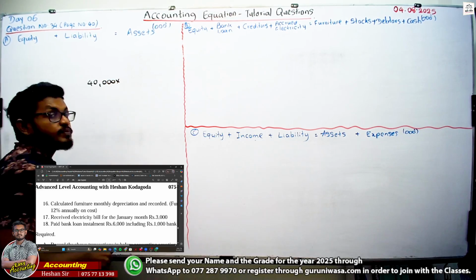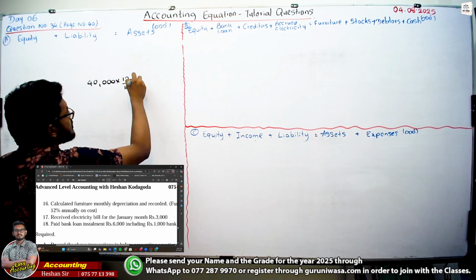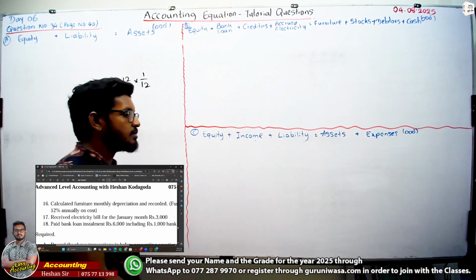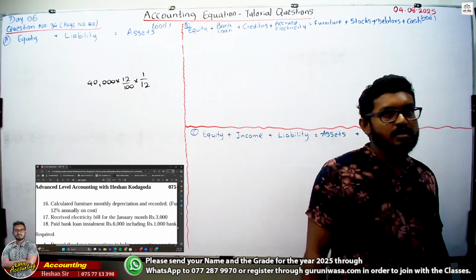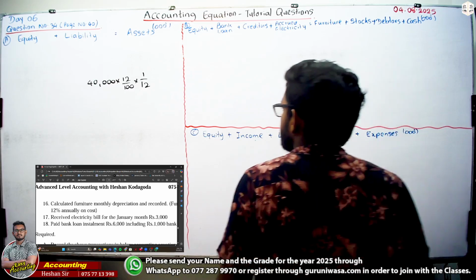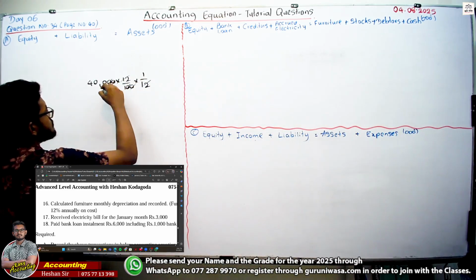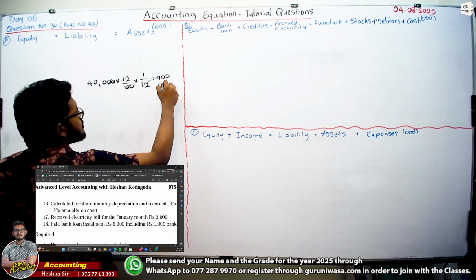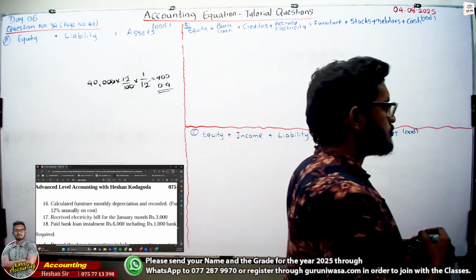40,000 into 12 upon 100, which means this is the annual, but since we record for 1 month, January, again we need to divide it by 12 to find the January month. Clear to you guys? Right? So can you check and tell me how much? It's 400, which means since we go through thousands, it's 0.4.